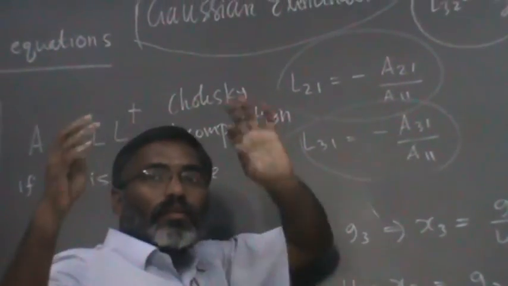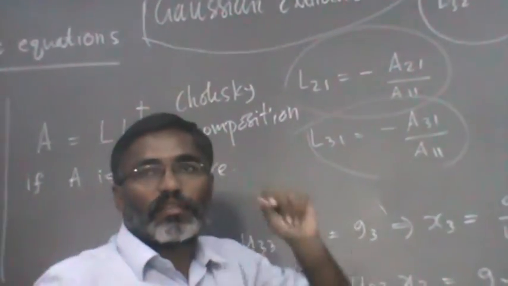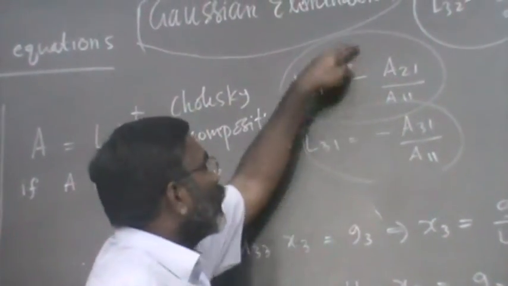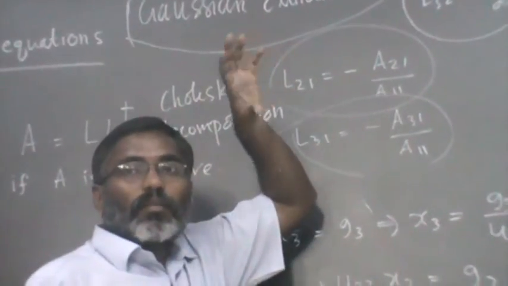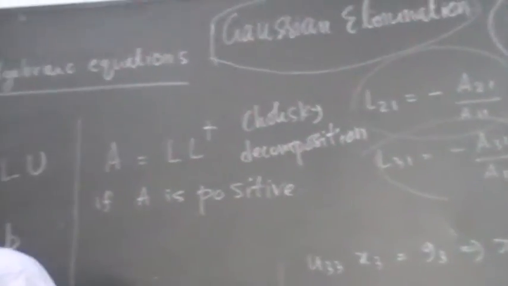If A11 is a very small number, something like 10 to the power minus 5, then this becomes a very large number, and because of that the condition number of the matrix becomes bad. So you will get a lot of errors because of that.